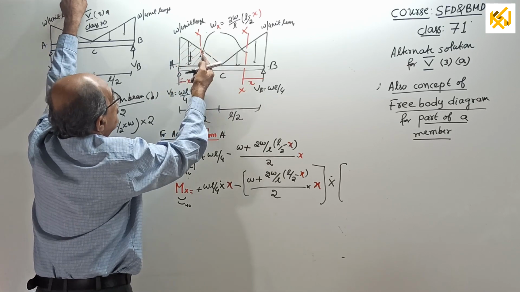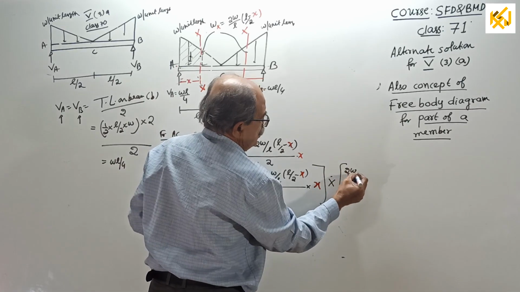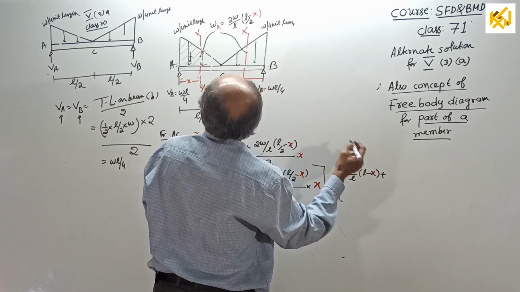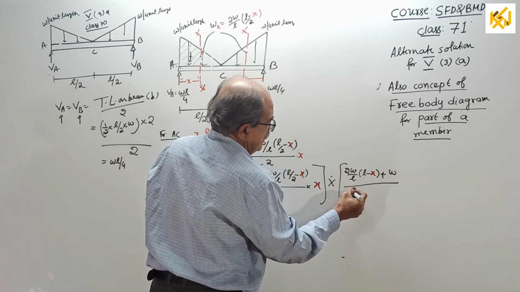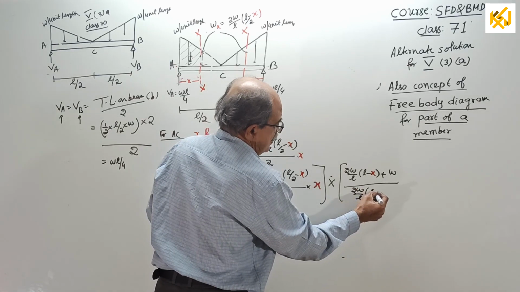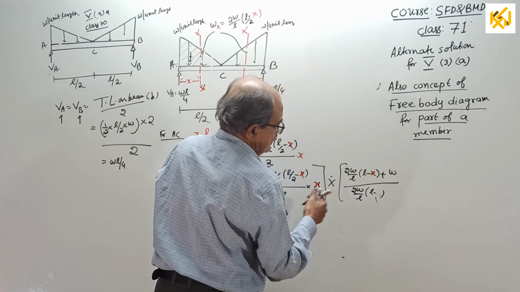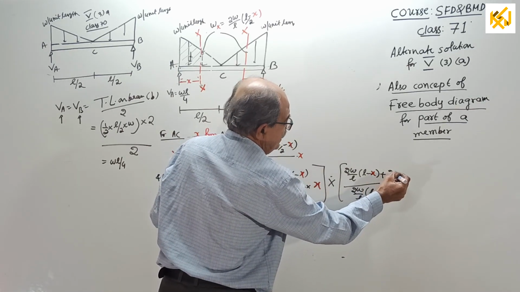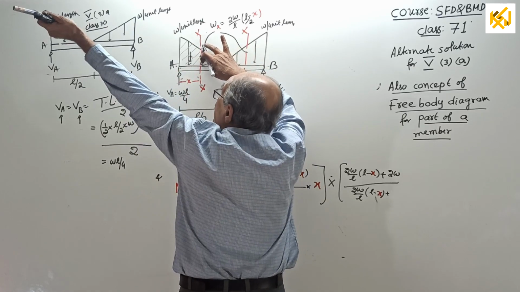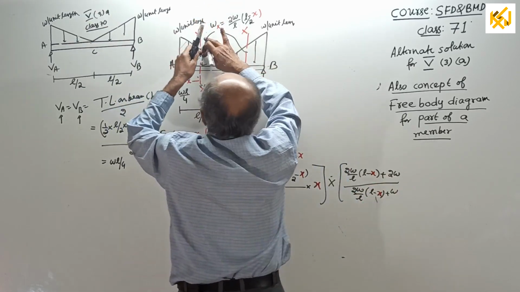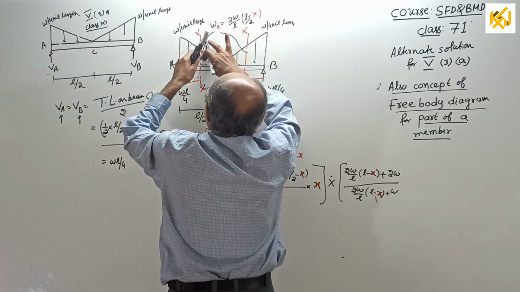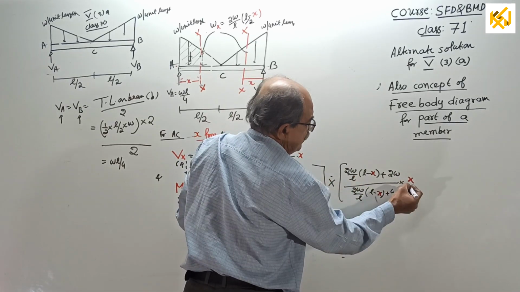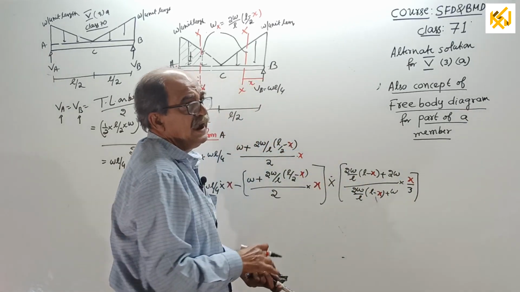This distance from the start is 2W by L into (L minus X) plus W, divided by 2W by L into (L minus X) plus 2W. See, this side plus twice that side, divided by this side plus that side, into the distance between them, X divided by 3. Then we simplified and got the result.